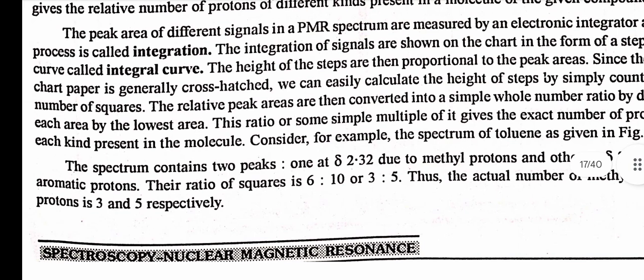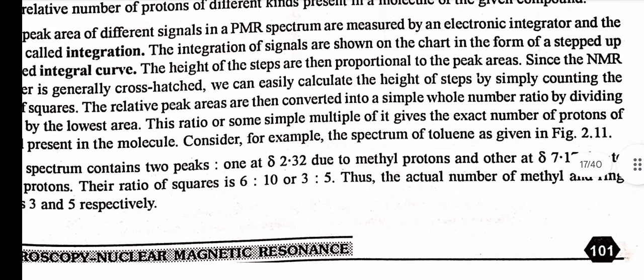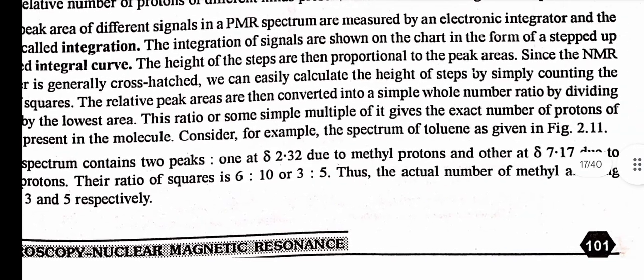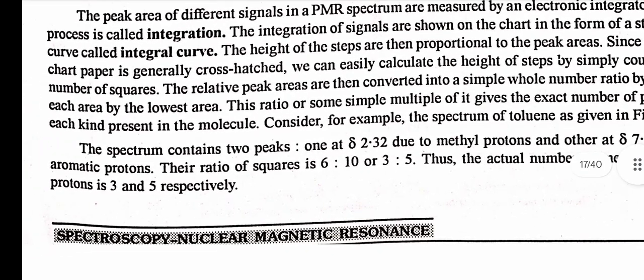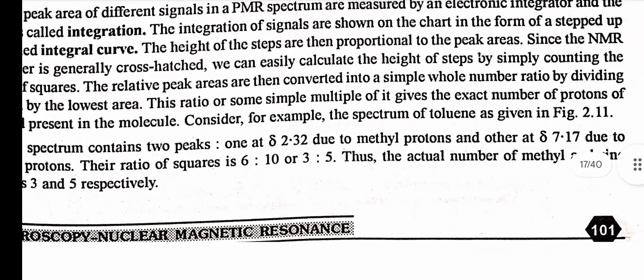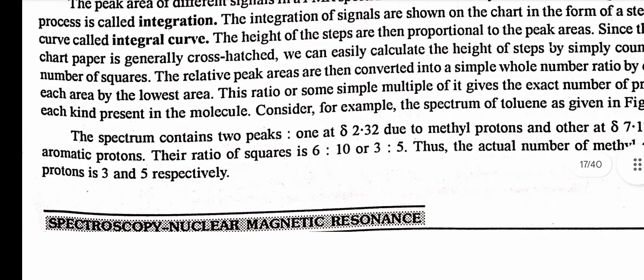Since the NMR chart paper is generally cross-ruled, we can easily calculate the height of steps by simply counting the number of squares. The relative peak areas are then converted into a simple whole number ratio by dividing each area by the lowest area. This ratio, or some simple multiple of it, gives the exact number of protons of each kind present in the molecule.